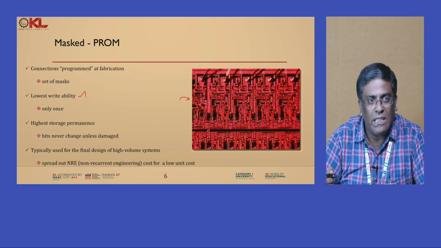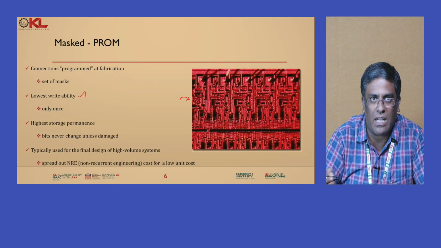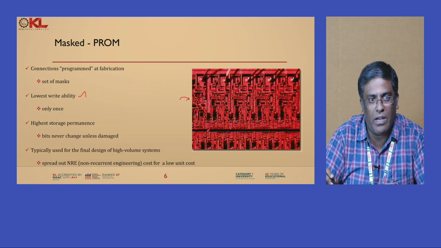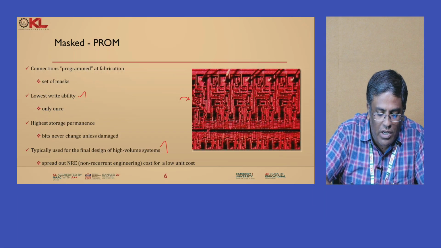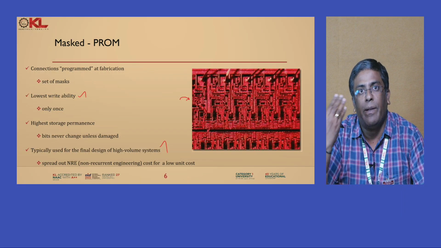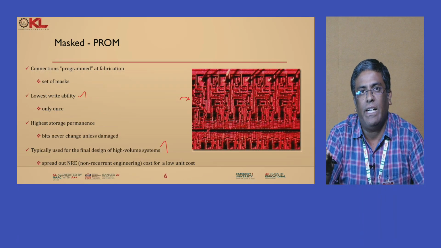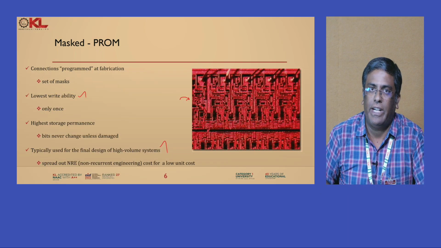But once written, we have permanent storage inside the device, even when there is no power. It is typically used for the final design of high volume systems, where pre-programmed data is required for applications. We can go for this kind of masked ROM architecture.